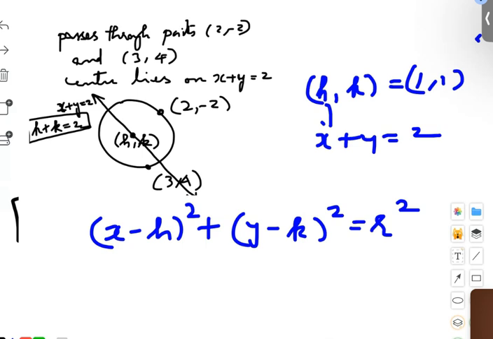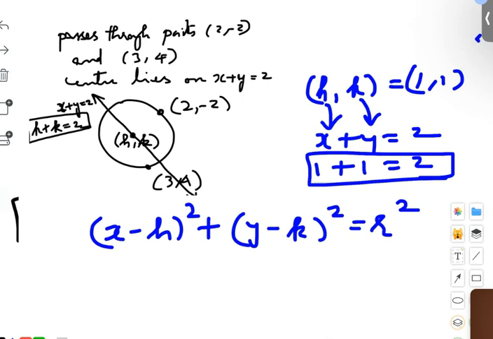So substituting for x and y, 1 plus 1 is equal to 2. Is that correct? So any point lying on that line should satisfy it. Any x1, y1, x2, y2, if you substitute for x and y, they should satisfy, provided they lie on the line. Got it?